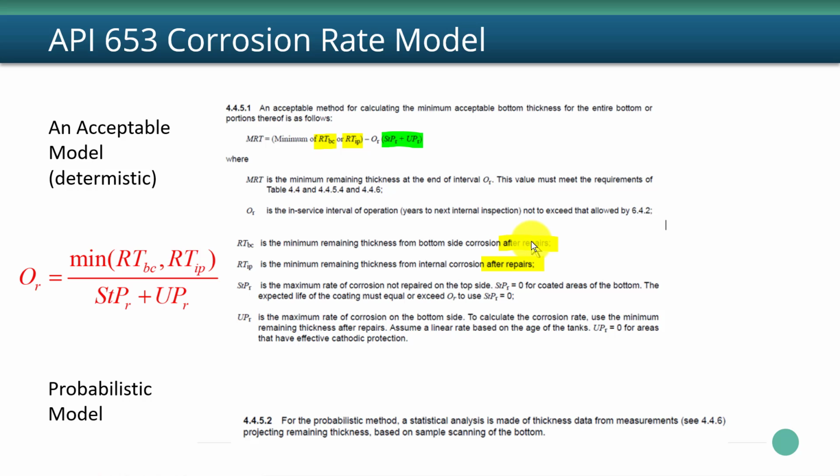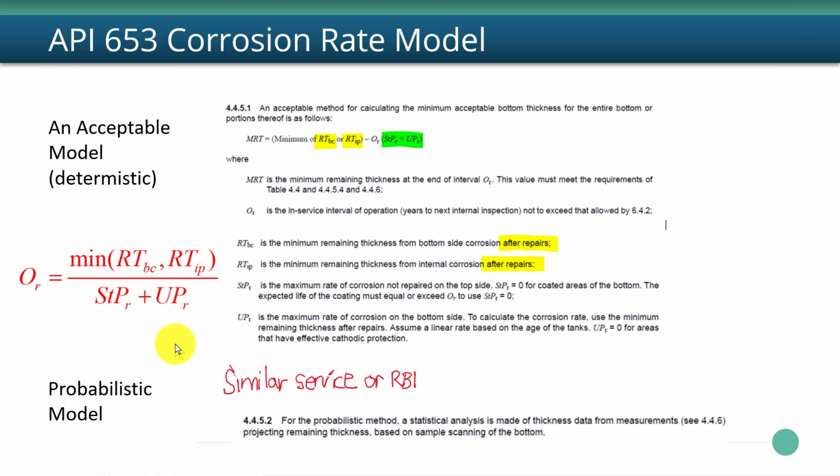This is the critical part. It's not the remaining thickness from corrosion, it is the repaired thickness, and that's where all the problem comes in. The same is true for the RT-IP. And here is the lard factor I was talking about, the summing up of the topside pitting rate and the underside pitting rate.